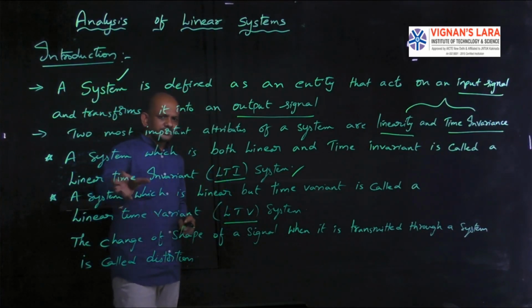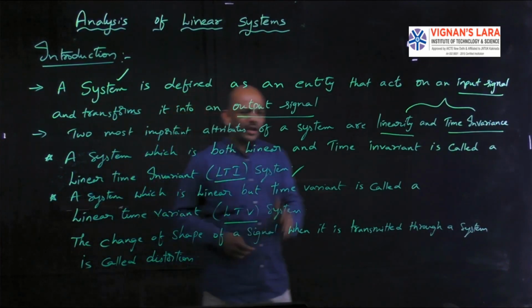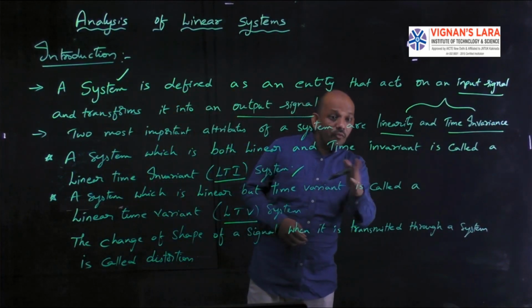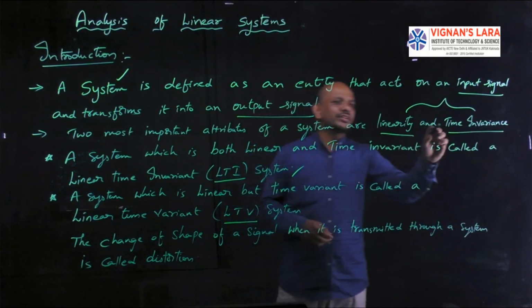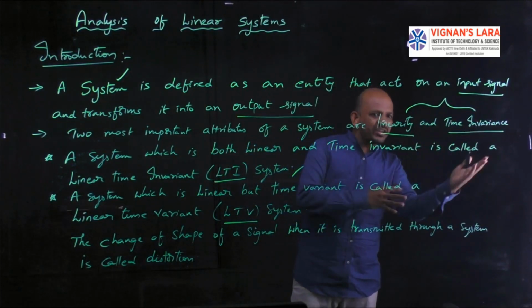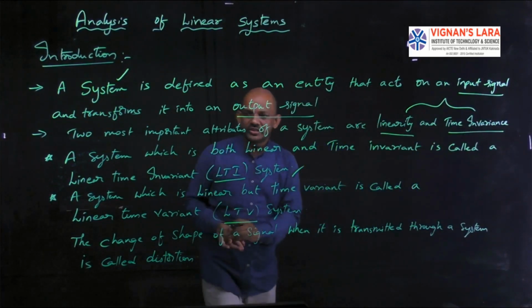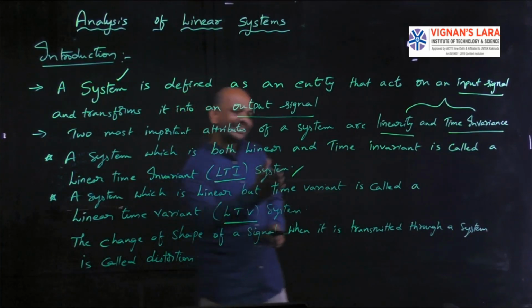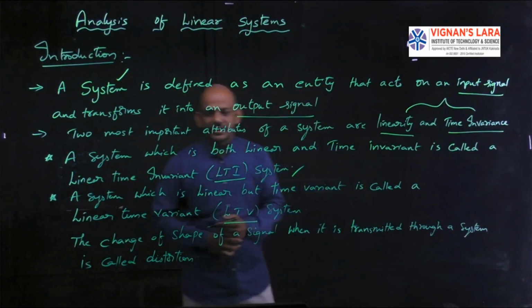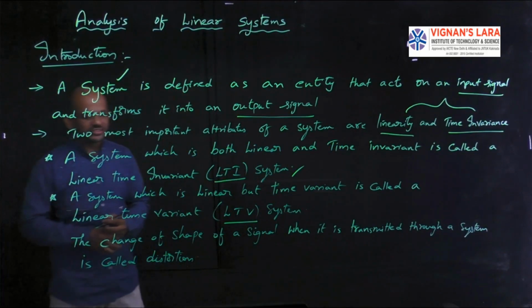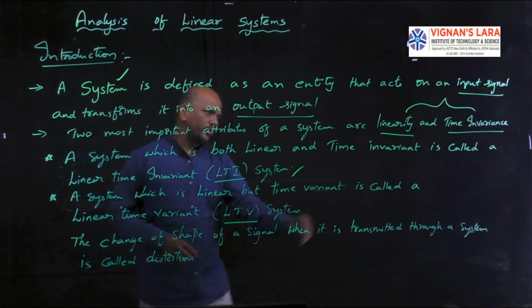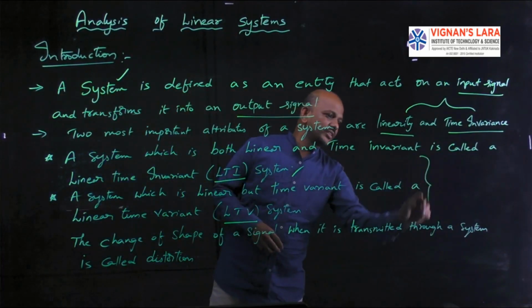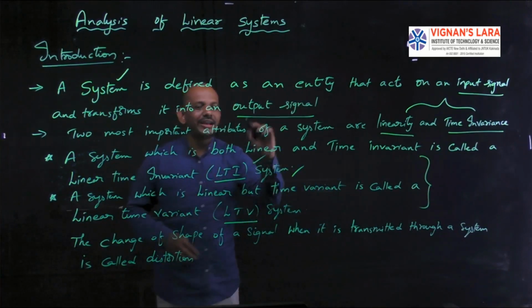A system which is linear but not time invariant, that means it is time variant. So a system which is linear and time variant is called a linear time variant system. We have to go for the analysis of these two. Mainly we will discuss about LTI systems.